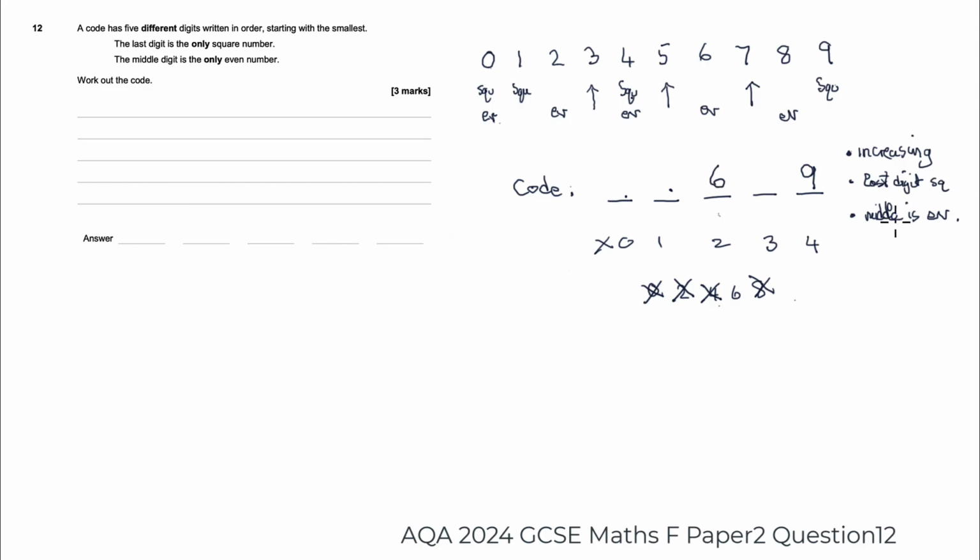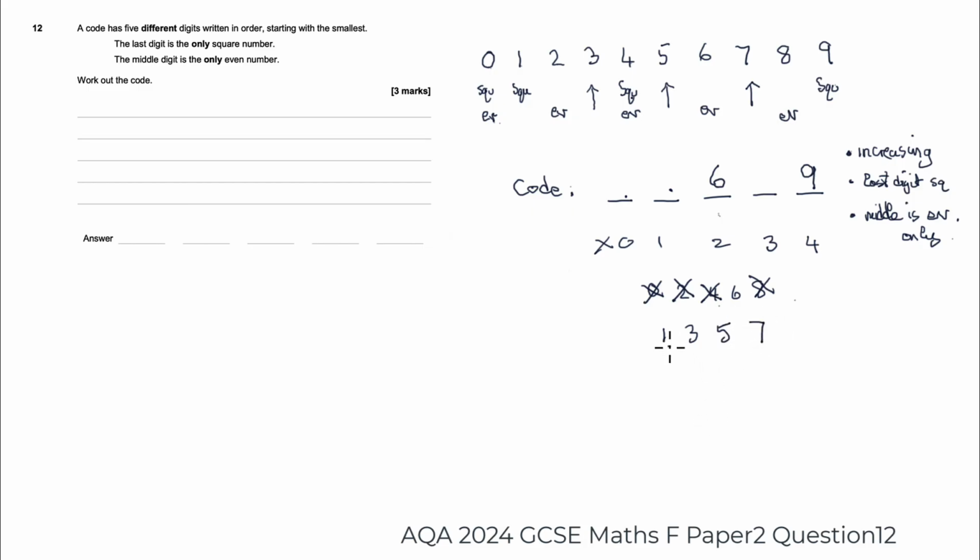Now, the only even number it said was the middle digit. That's the only even number. So we're left with odd numbers. Now the odd numbers we're left with are 1, 3, 5, 7.